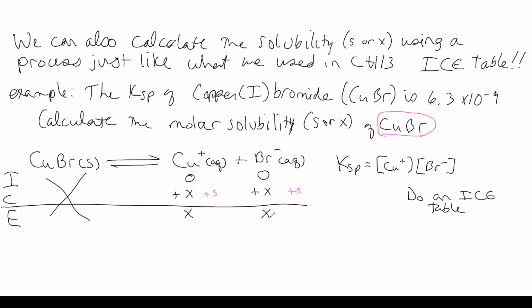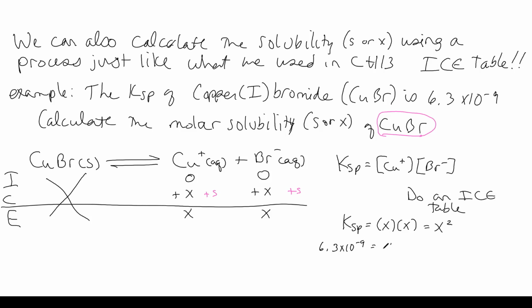Okay, so now what we're going to do is plug that into our KSP expression. So KSP is equal to X times X, and that's equal to just plain old X squared. Okay. So let's set the whole thing equal to 6.3 times 10 to the negative 9.